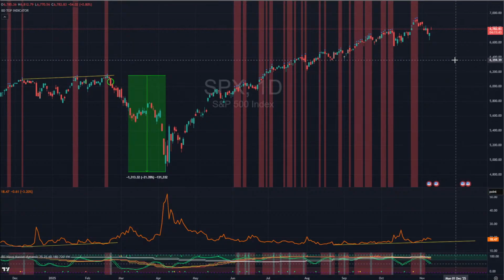Now, of course, I do expect that there is likely going to be some new highs occurring in the S&P 500 going into the end of the year, maybe even the beginning of 2026. But we are starting to create a very similar scenario to what we did a year ago. So I want to take a look at that.